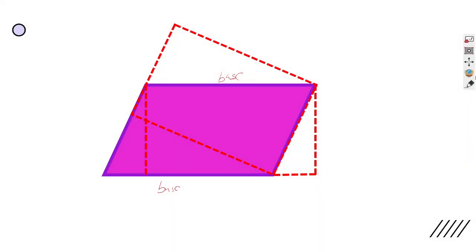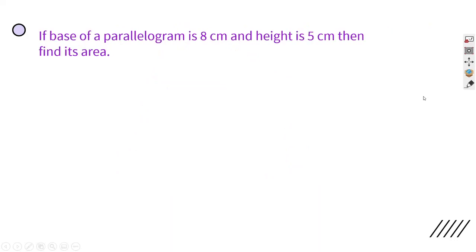Let me turn to your textbook. If the base of a parallelogram is 8 cm and the height is 5 cm, then find its area. It will be a simple straightforward question, because you know the formula to find the area of a parallelogram.